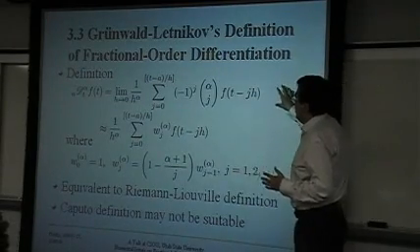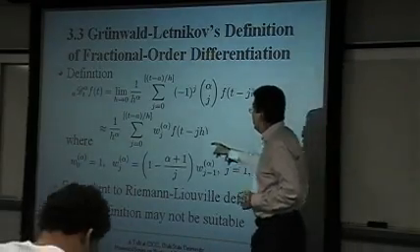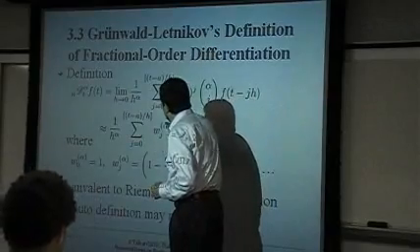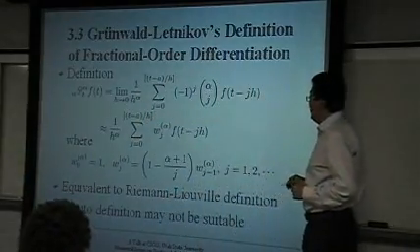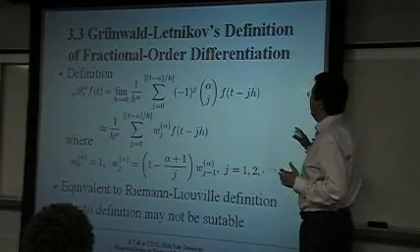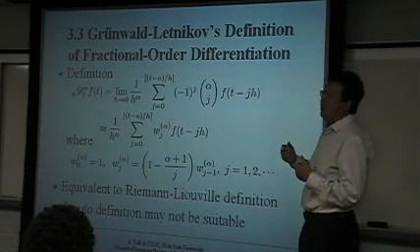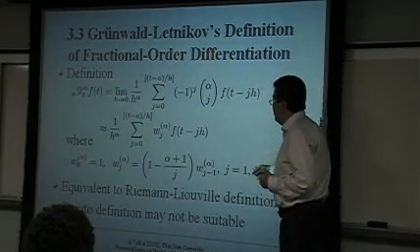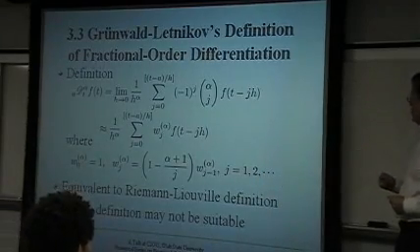By the use of this definition, the binomial terms can be expressed in an iterative way, like this. And I think we can easily write a function to calculate the fractional order differentiation of a given signal.